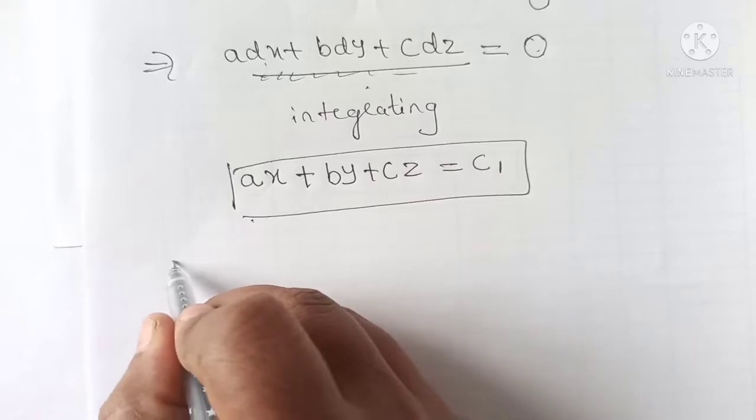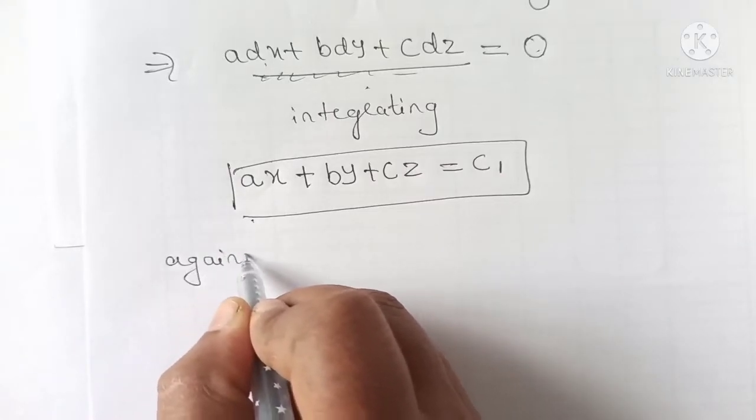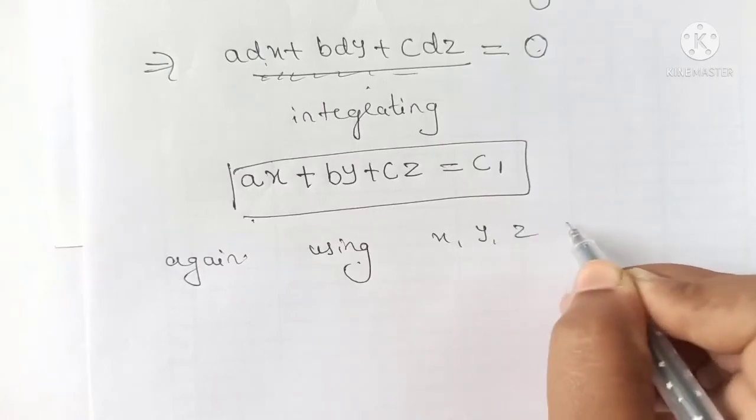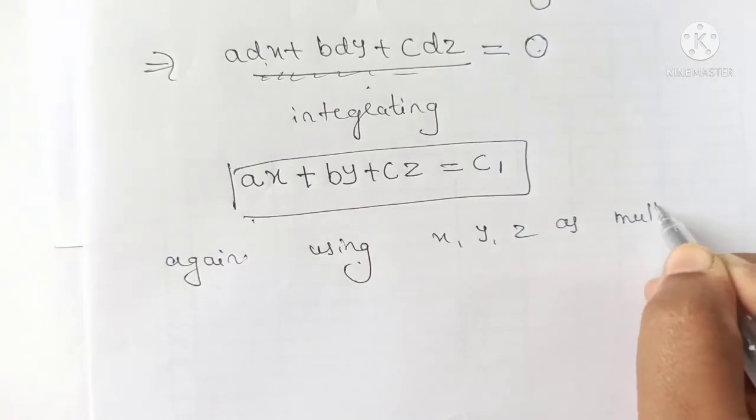Similarly, again we choose x, y, z as multipliers.